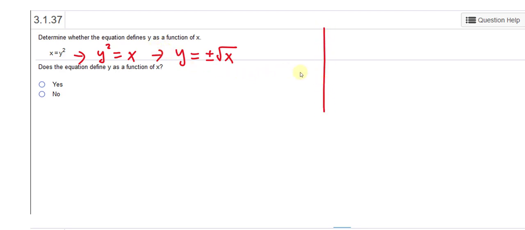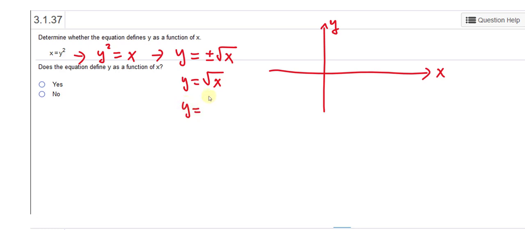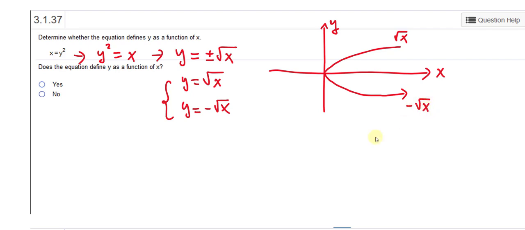If you are going to plot this one, this is x, this is y. y equals the square root of x, and y equals minus the square root of x, there are two cases. So if I graph y equals the square root of x, this is the function. And to graph the minus, you reflect that over the x-axis. So this is minus the square root of x.